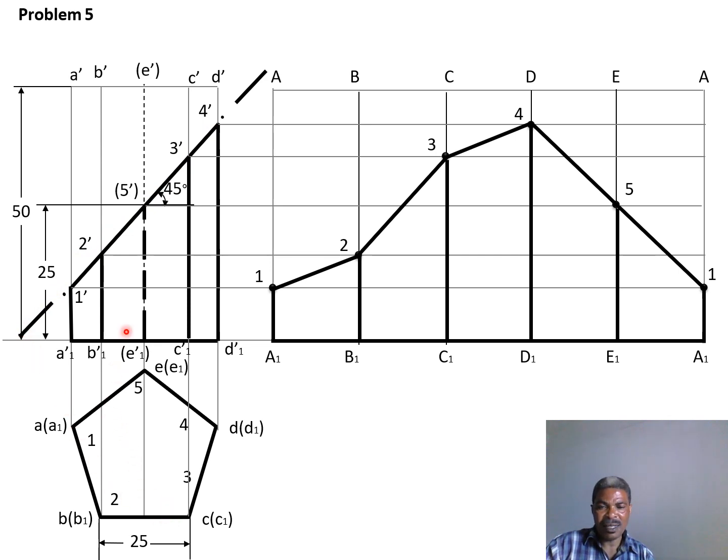The same procedures will be taken in order to achieve the height for a respective point. As you can see, point A is 1 here, point B is 2 here, alone, not in line with another point. When you come to 5, it's also alone here, and it's given the hidden line to indicate that you cannot see it clearly from the front view.